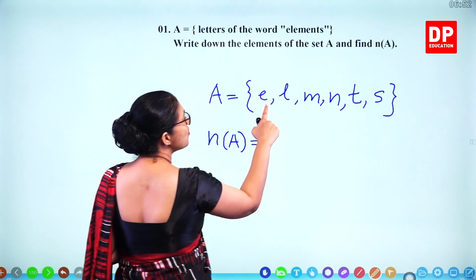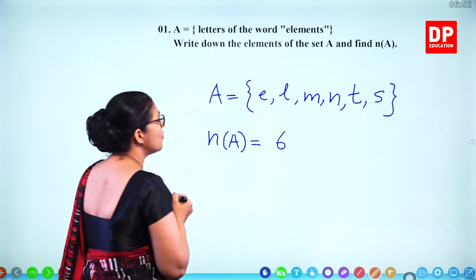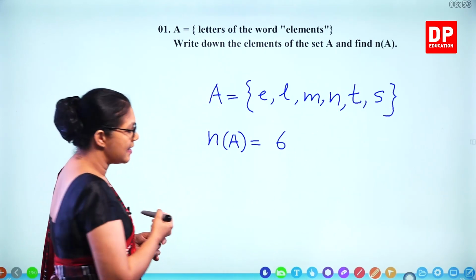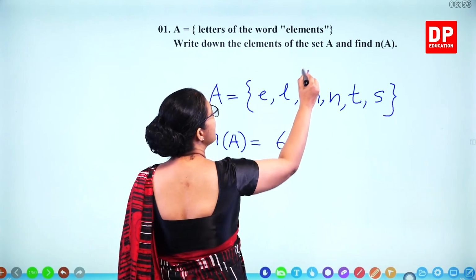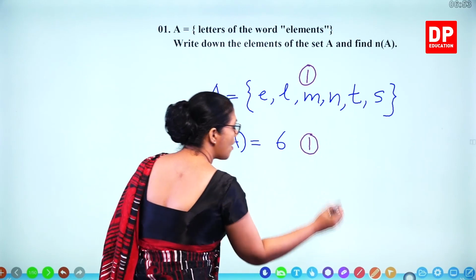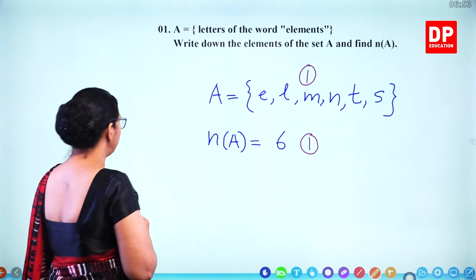Count. 1, 2, 3, 4, 5, 6. So n(A) is 6. So you get 2 marks: 1 mark for writing down the elements and 1 mark for writing down the number of elements.